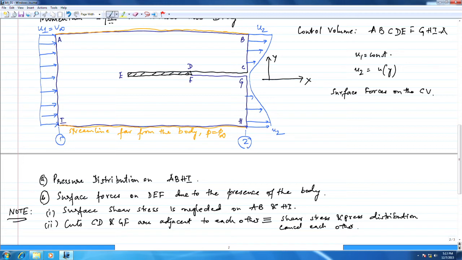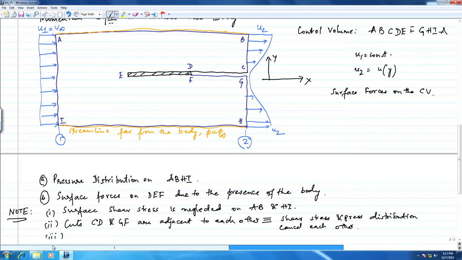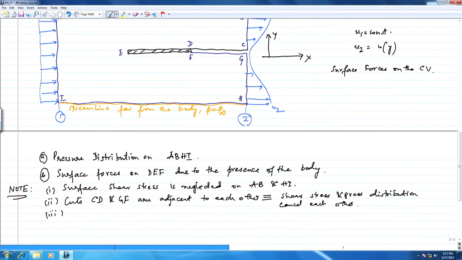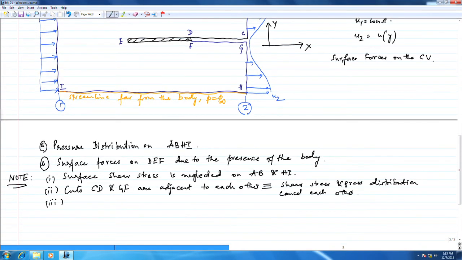Right. Now, the other thing is the surface force. What we are looking at now is this surface force on DEF, which is basically the total reaction, which is equal and opposite to the shear stress and pressure distribution.